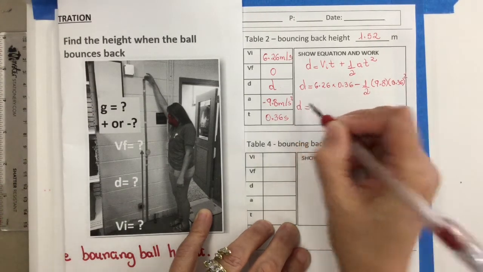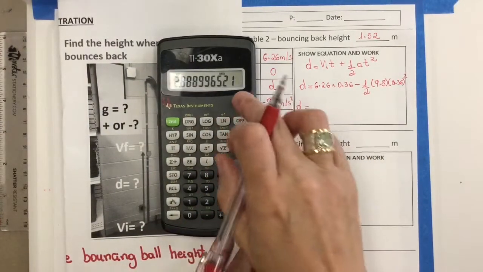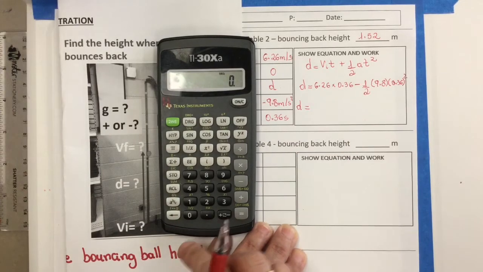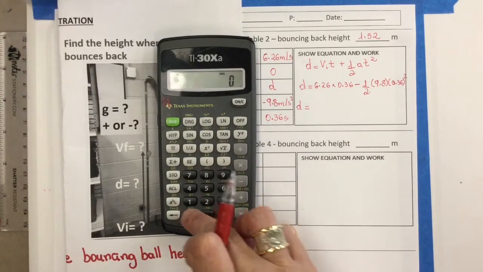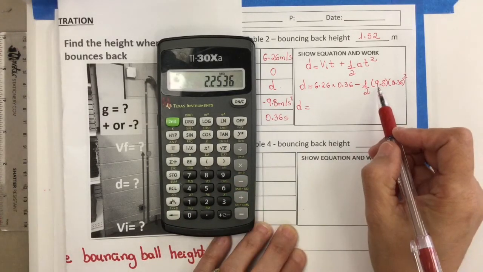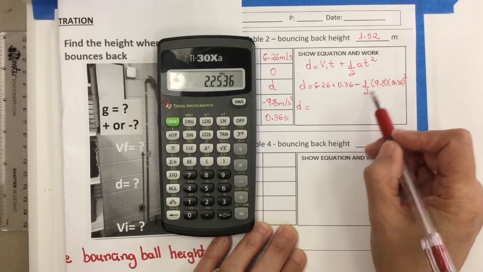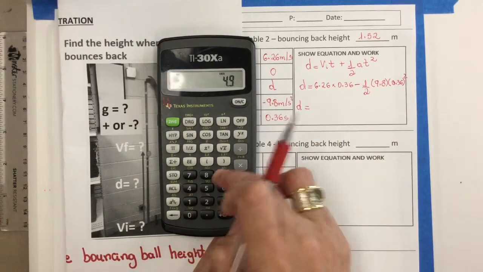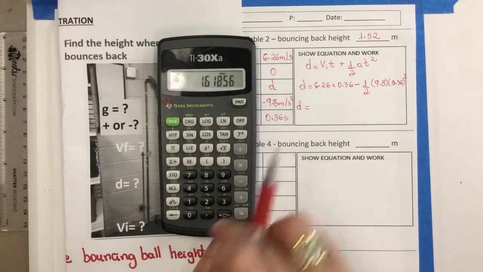This is just like getting the calculator and plugging in all these numbers. So it will be 6.26 times 0.36 minus 4.9, which is 9.8 divided by 2, times 0.36 squared.